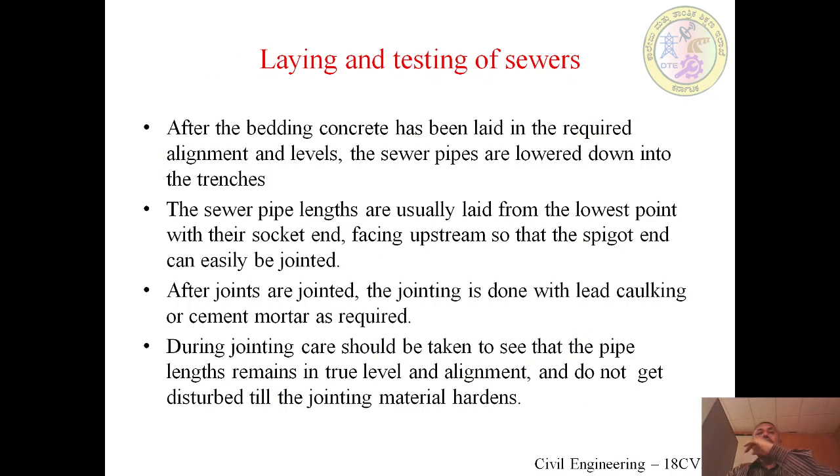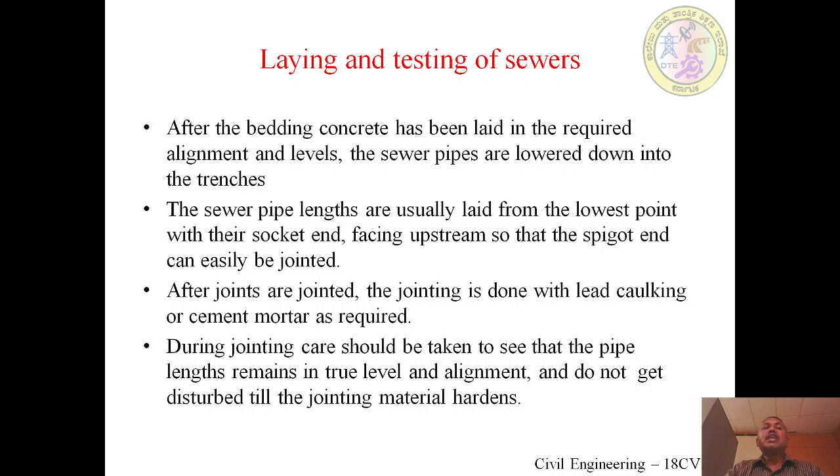Regarding the laying and testing of sewers, after the bedding concrete shown in the figure has been laid in the required alignment and level, the sewer pipes are lowered and placed over the concrete. The sewer pipelines are usually laid from the lowest point, as I told earlier, with their socket end facing upstream, so that the spigot end can easily be jointed.